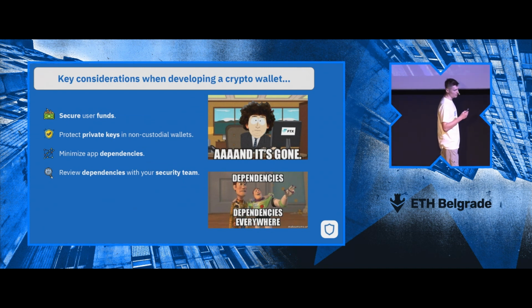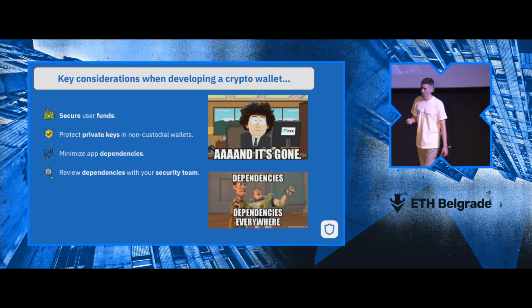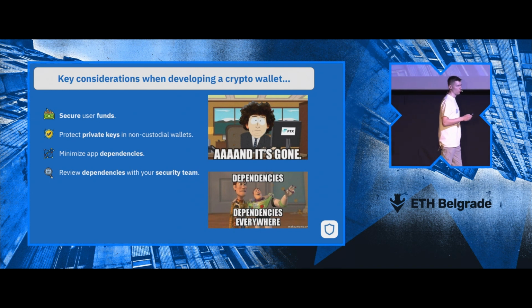For traditional finance, that actually means avoiding doing crazy things with the user funds. Like we all know the story about FTX and what it might lead to. For non-custodial wallets, it means protecting private keys and storing them encrypted so nobody has access to them.